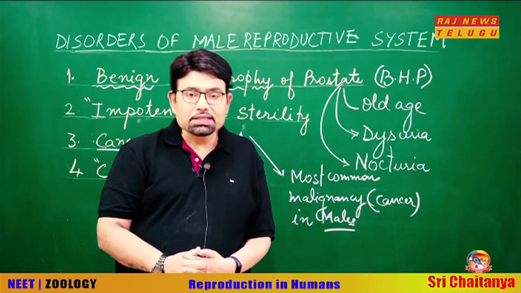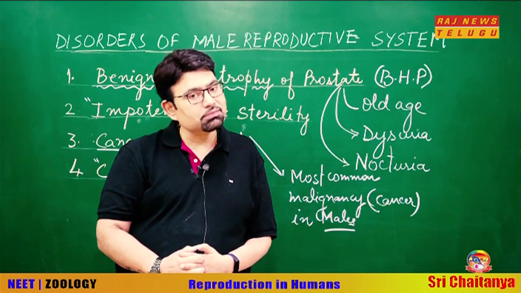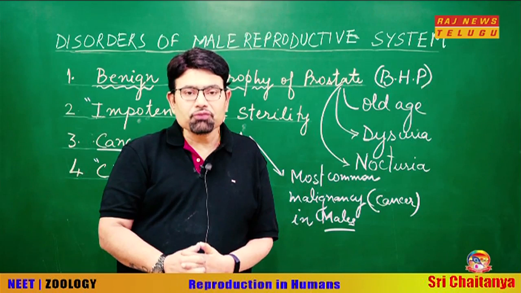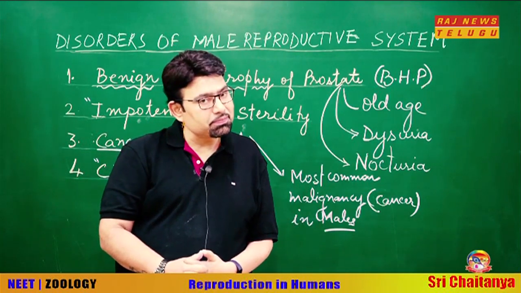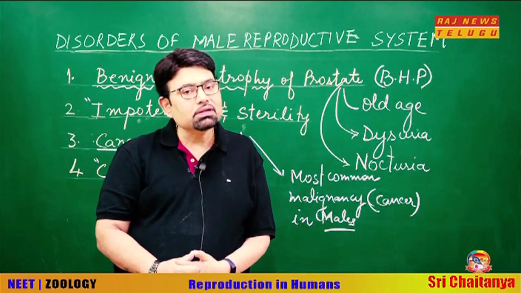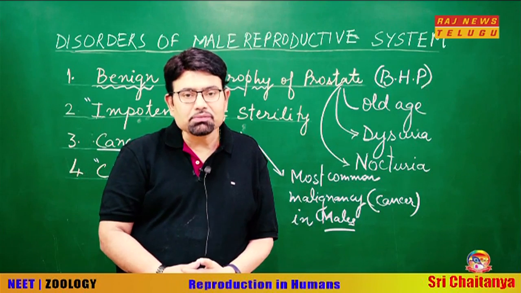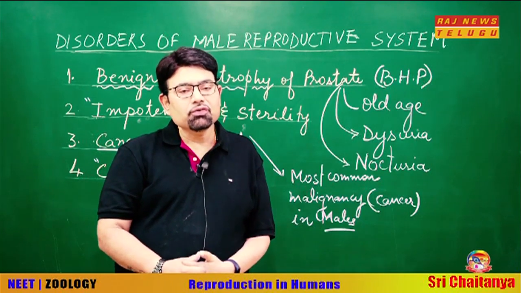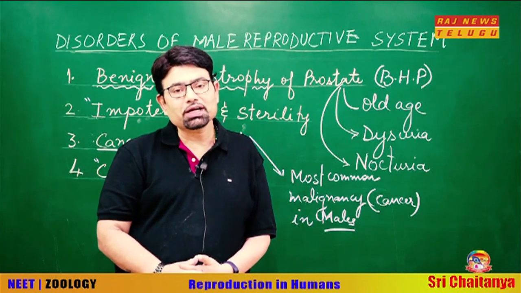After that, the detailed anatomy of the male reproductive system, and the brief functions of its different parts. We have seen the semen, its constituents, what glands make the semen, and finally, we have done some disorders associated with the male reproductive system.